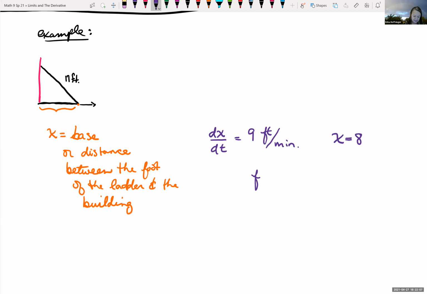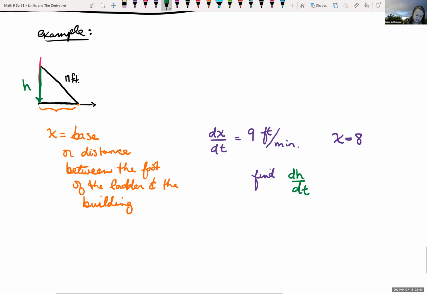We want to find the rate of change that the height is falling. So we want to find dh/dt when x equals 8 feet. Let's see if there's anything else that I need to pull out of here. That's it. Okay, so we have to come up with some sort of equation.